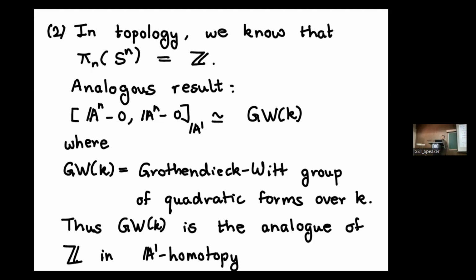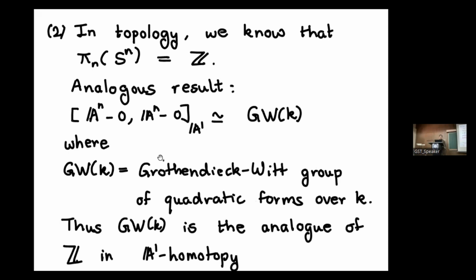So what is this group? This is the Grothendieck-Witt group of quadratic forms over K. This is a very rich algebraic object which captures a lot of information about the field K. Primarily, you would call this a number theoretic object which captures some number theoretic properties of K. Actually, what is K?